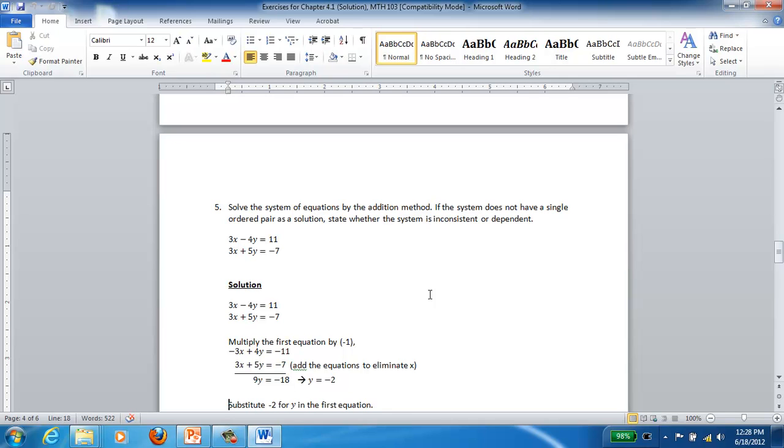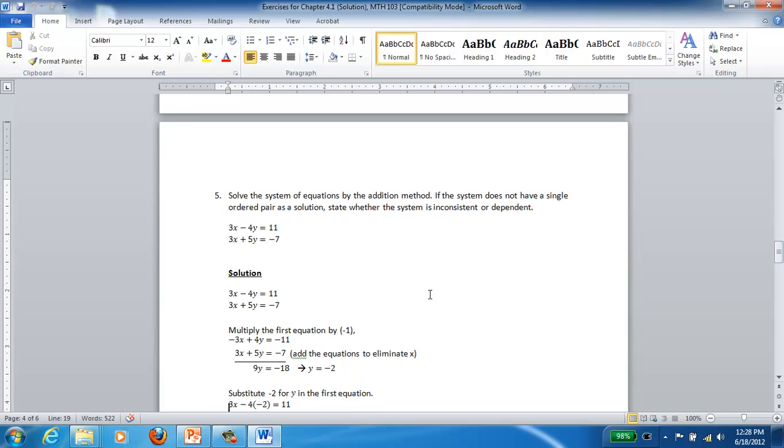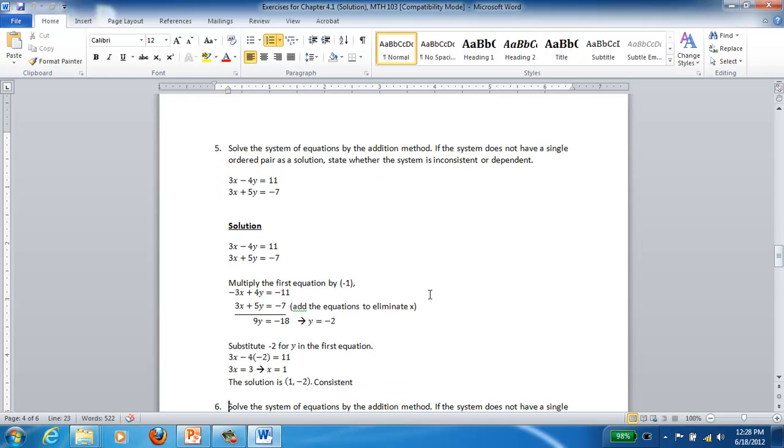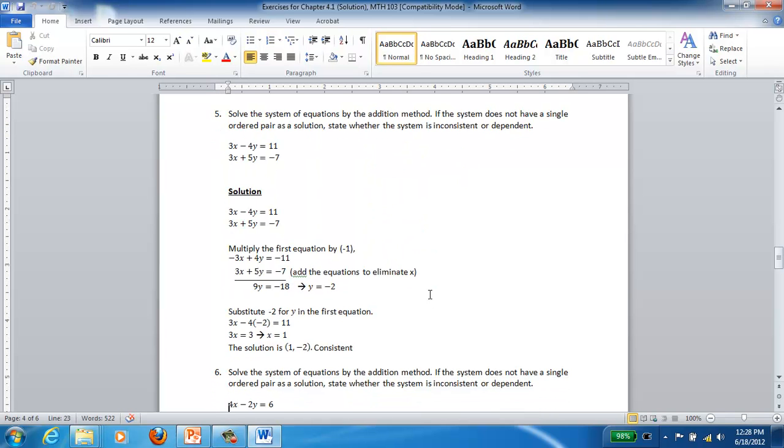And we will add that to the second equation, 3x plus 5y equals negative 7. Adding, we see that the x variable is eliminated, and simplifying and solving for y, we get y equals negative 2. Substituting y equals negative 2 back into the first equation yields x equals 1. So therefore, our point of intersection is the point 1, negative 2. Again, a consistent system.